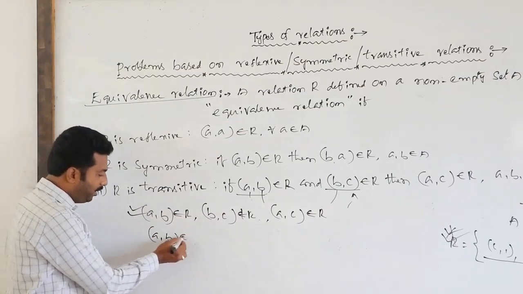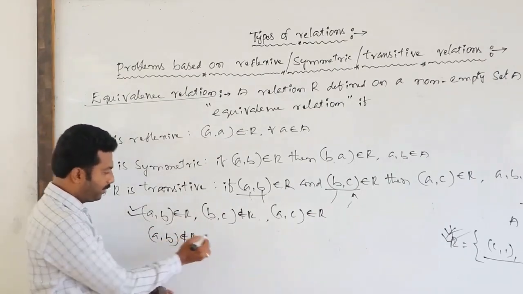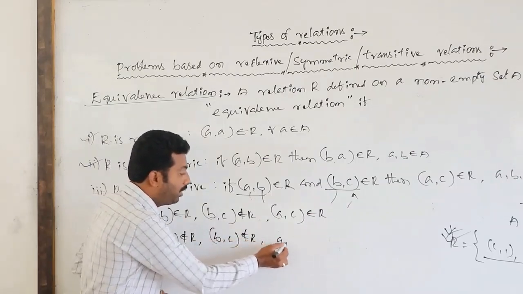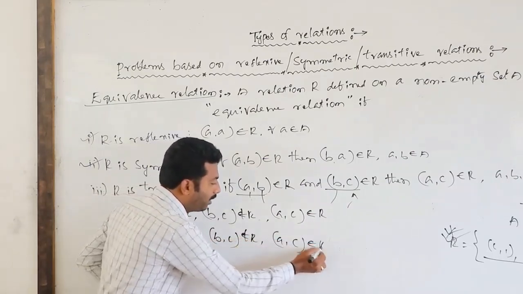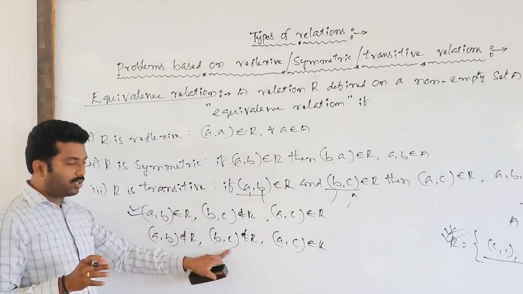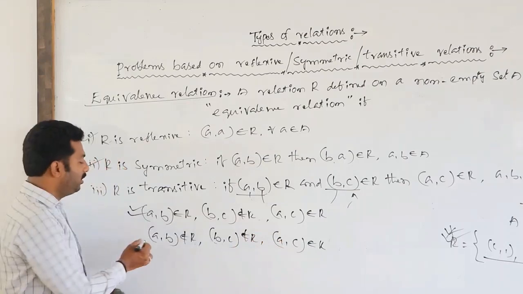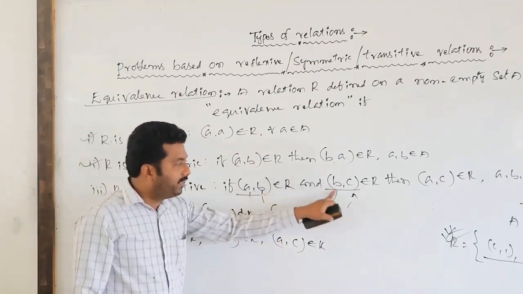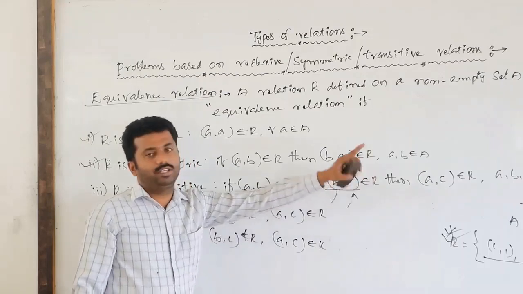Suppose A comma B does not belong to capital R. B comma C also does not belong to capital R. But A comma C belongs to capital R. Very clear? AB is not there, BC is not there, AC is there. Clearly this is a transitive relation. If both AB and BC are there, A comma C we have to check.